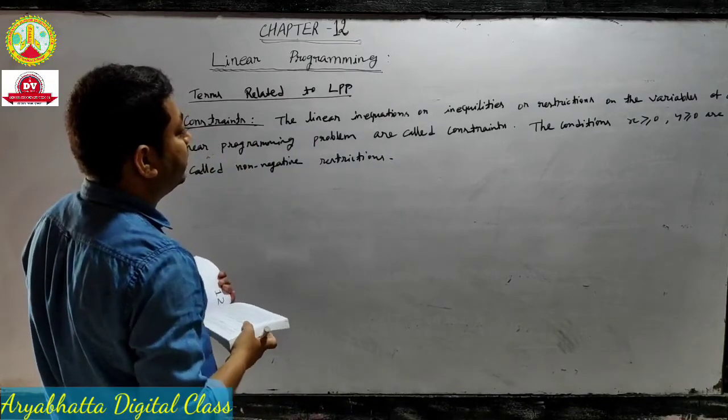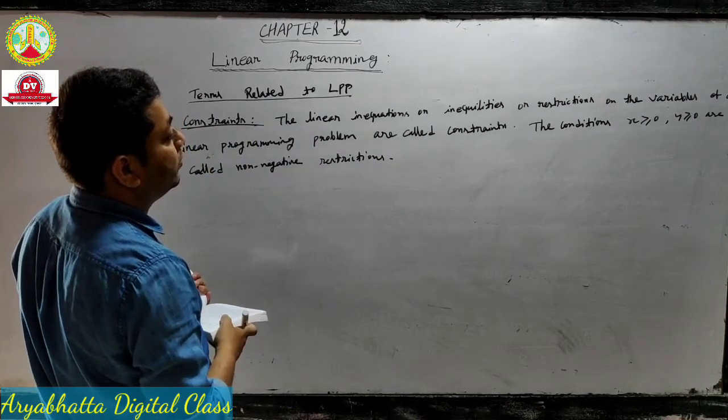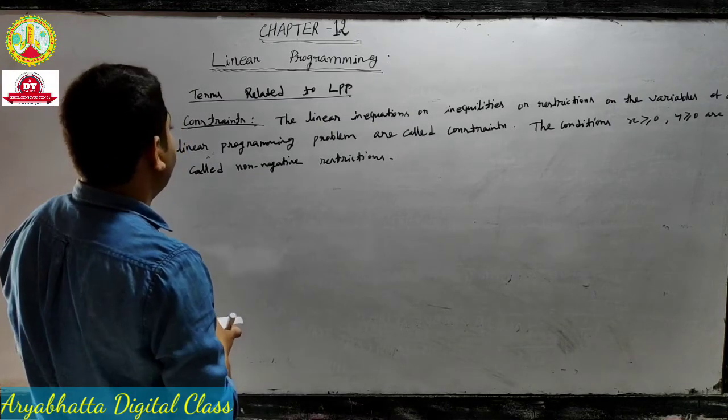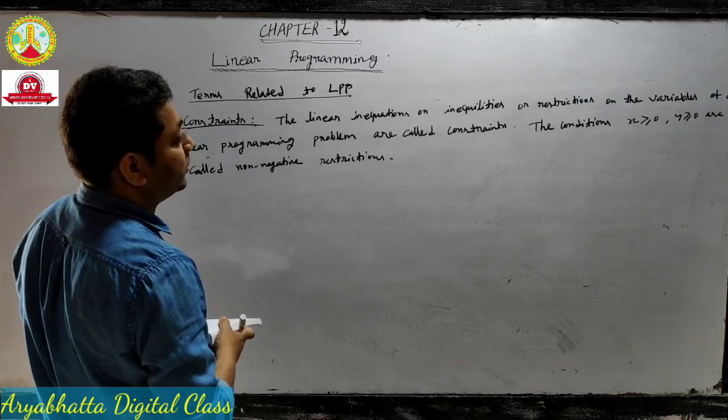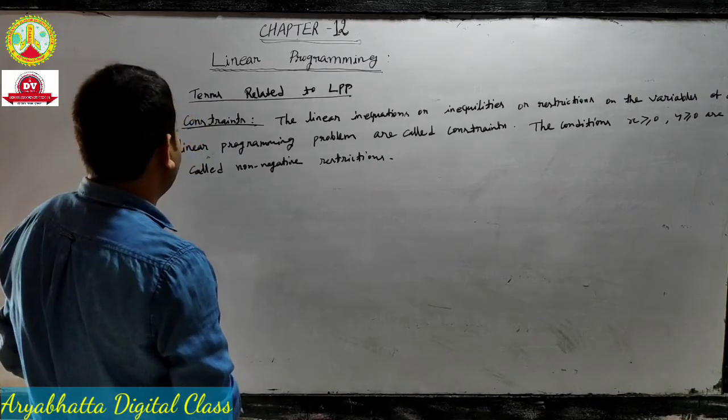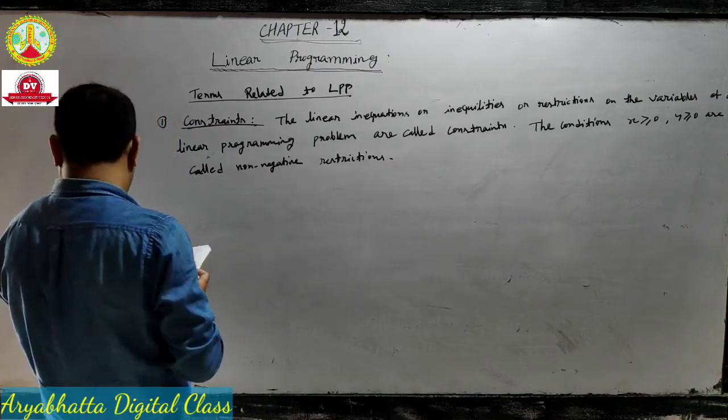The linear inequations or inequalities or restrictions on the variables of a linear programming problem are called constraints. The conditions x greater than or equal to 0, y greater than or equal to 0 are called non-negative restrictions.